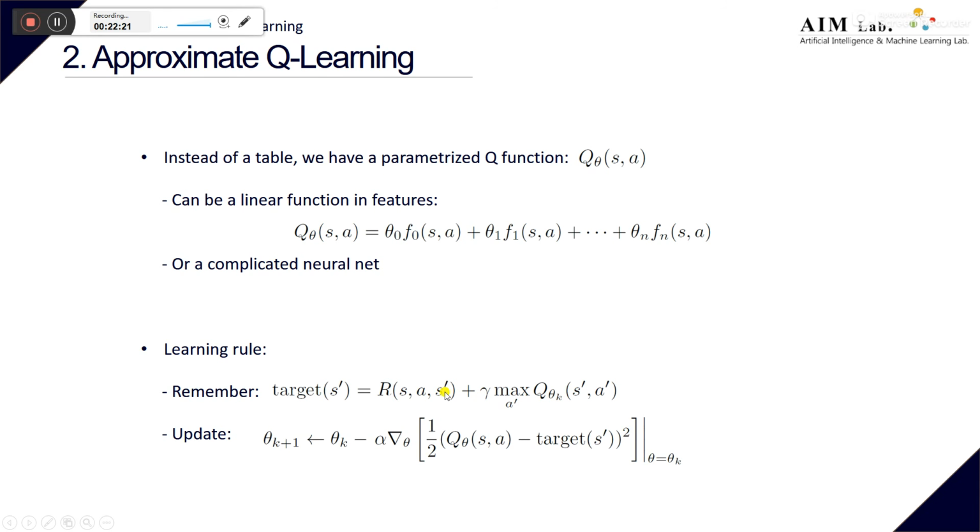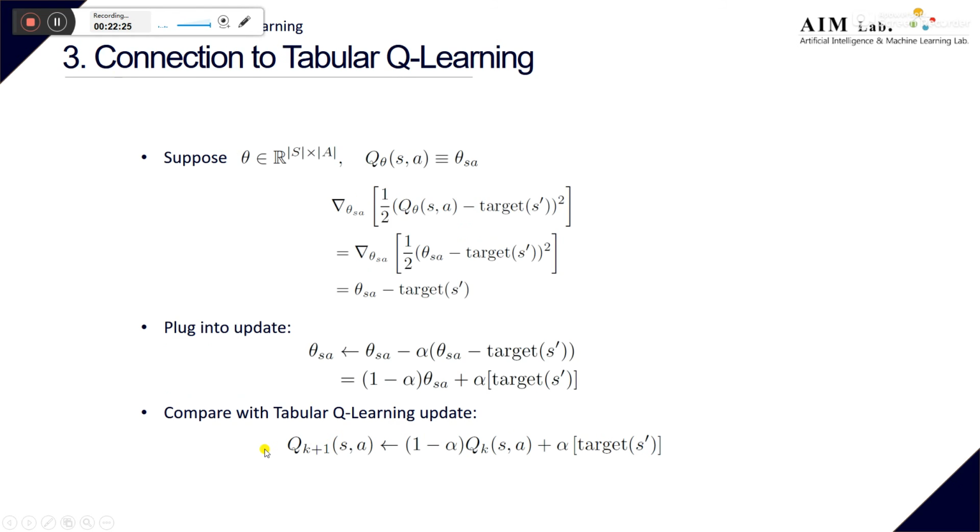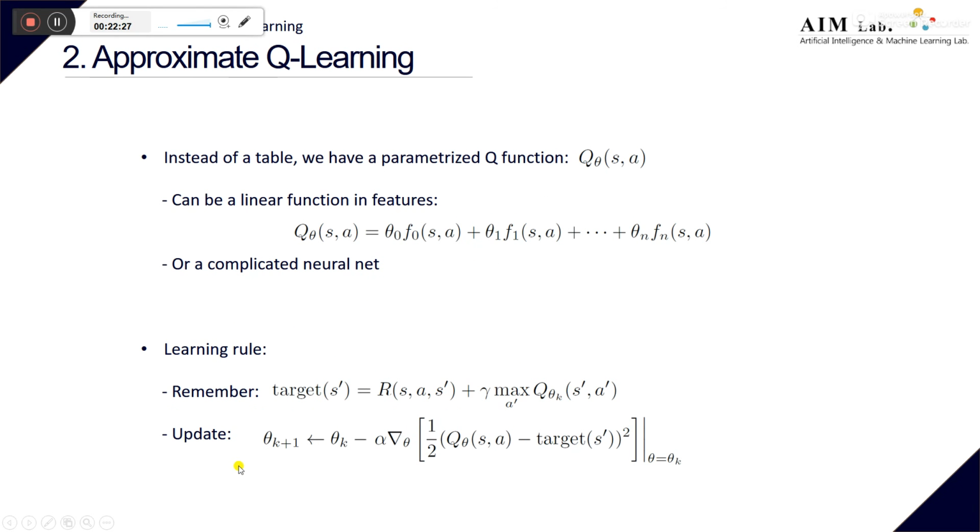After we have obtained the target value, we perform a gradient update over theta with respect to the squared loss between the currently estimated Q value and the target value. We evaluate this gradient at the current theta value.